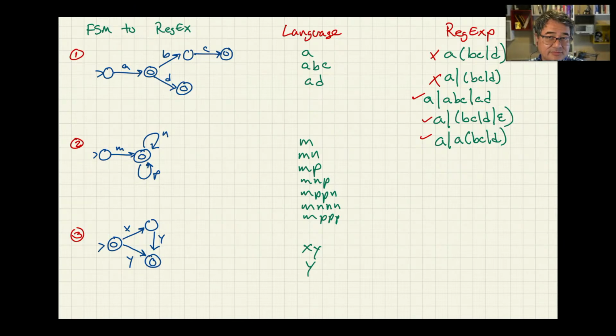How about number 2? Certainly it's going to start with M, but then how do we handle that last bit of it?